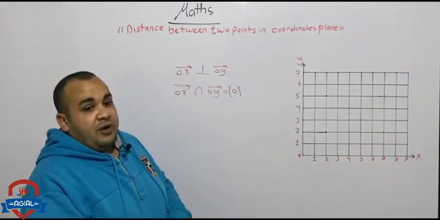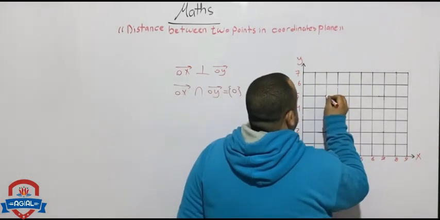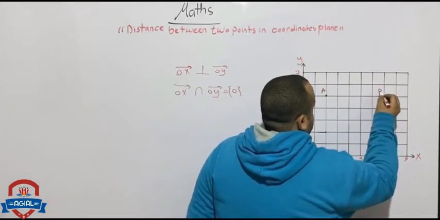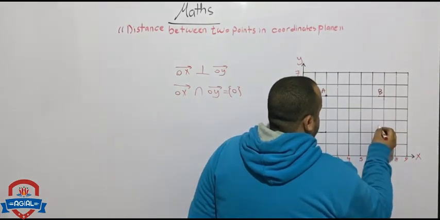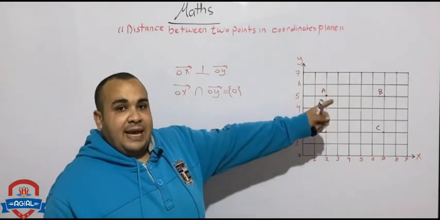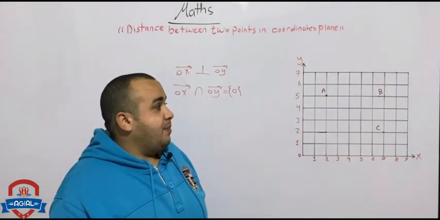So if we need to find the distance between 2 points like A, B and C, to find the distance between A and B, we have to find the length of line segment AB.